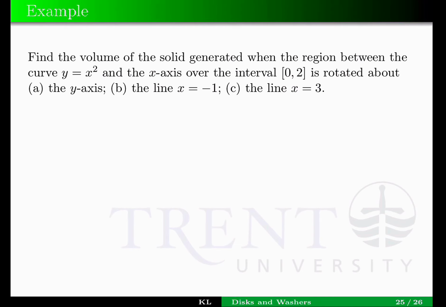So in here, we have y equals x squared, the x-axis over the interval 0, 2. So the region will be this here.